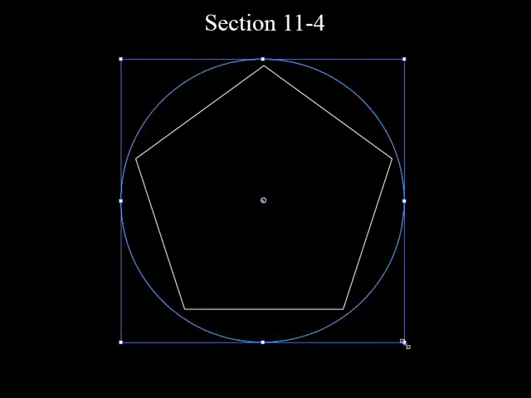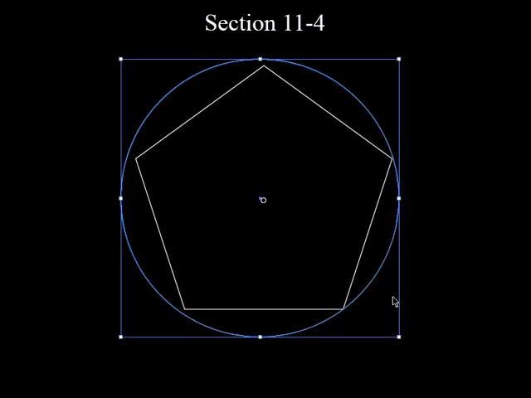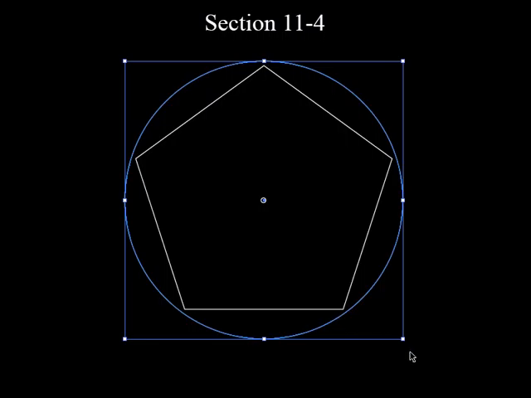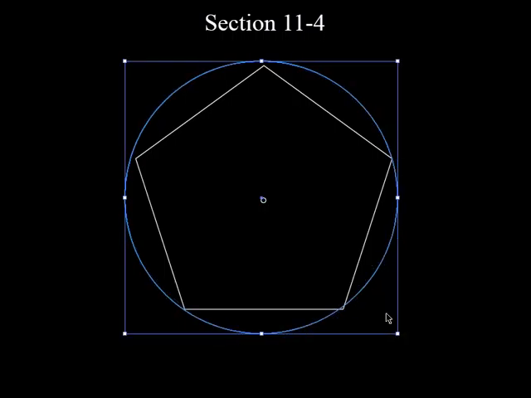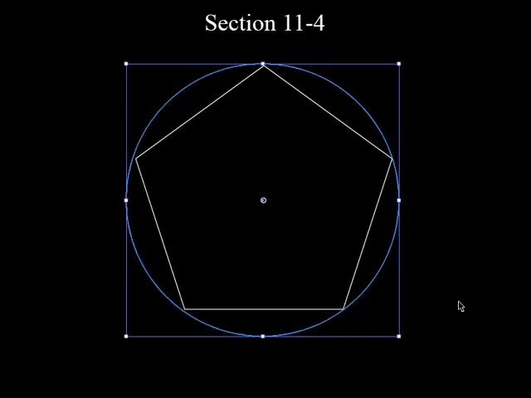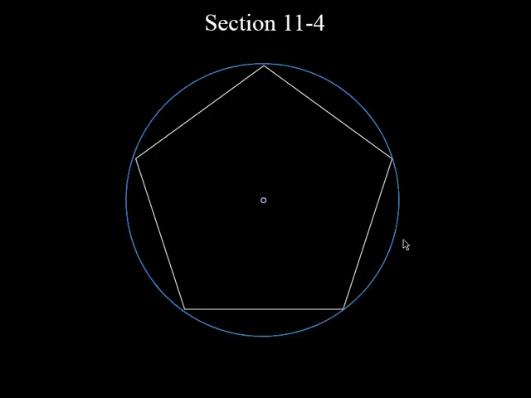It's a little bit too big, right? So bring it in just a little bit. Move it over. Still just a little bit big. Let's bring it in just a tad. I could make the pentagon a little bit bigger too, but I'm working with the circle. Is that pretty close? Yeah, that's pretty good right there.